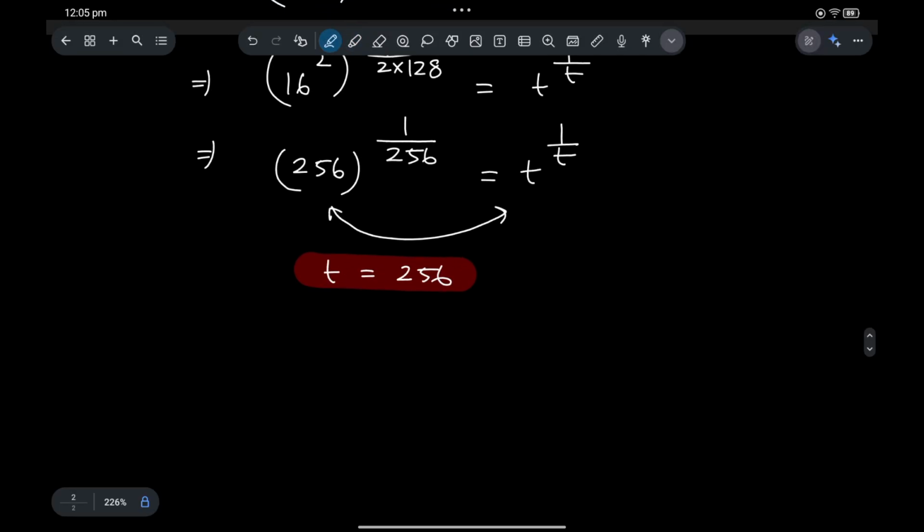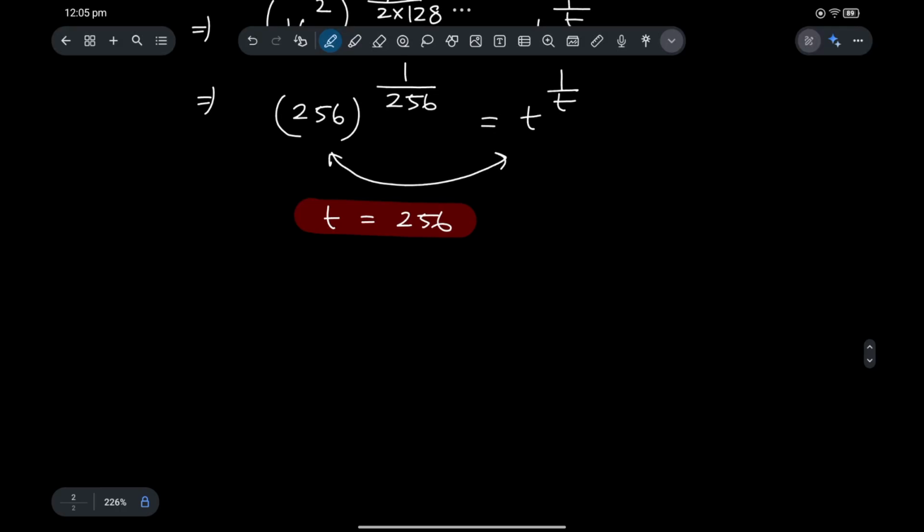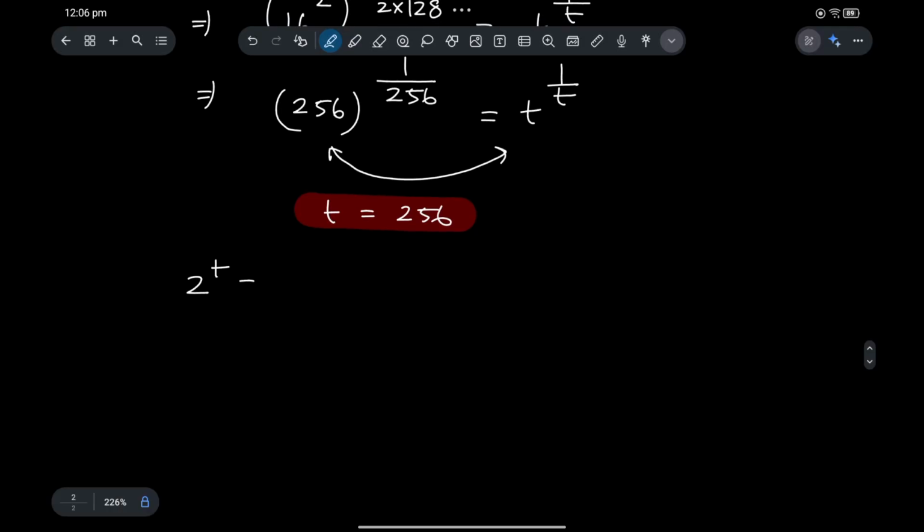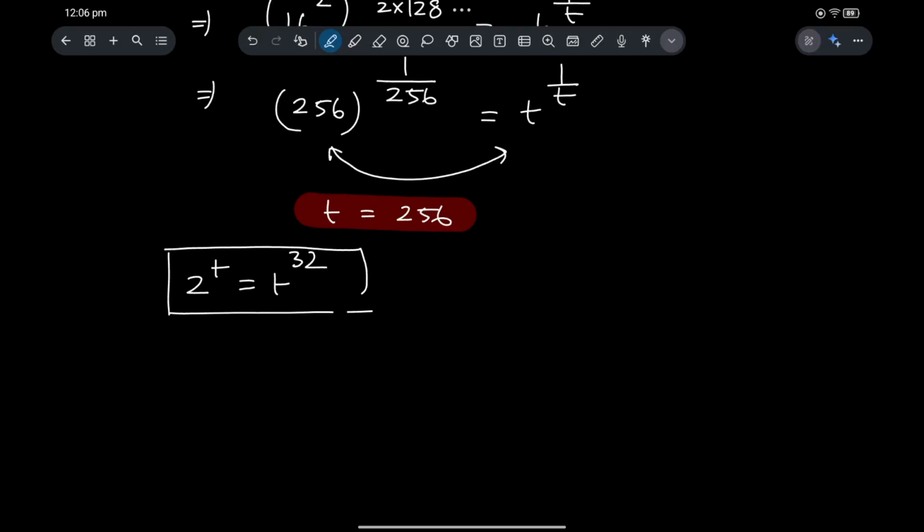Of the following question, if you need to verify, we had 2 to the power t equals t to the power 32. We need to verify this result. So put 2 to the power 256 equals 256 to the power 32.